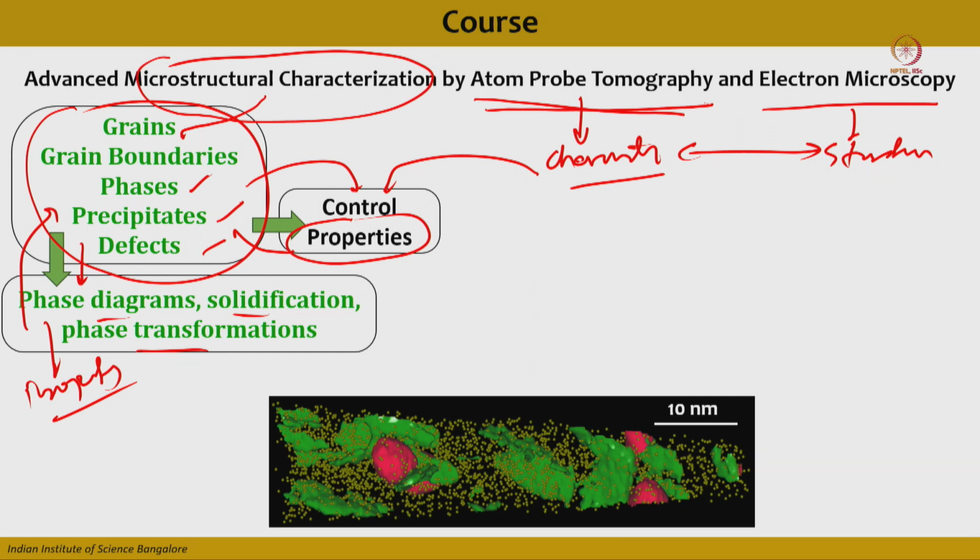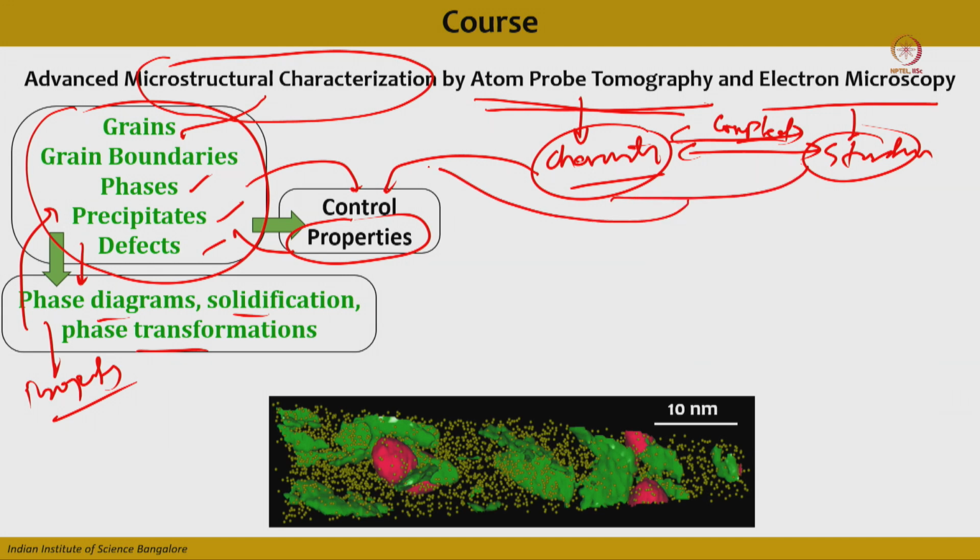This structure and chemistry are always coupled, and due to this coupling, these two aspects ultimately control the property of that material. The chemistry and the structure are both different for different microstructural features.